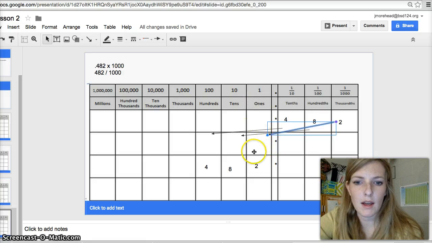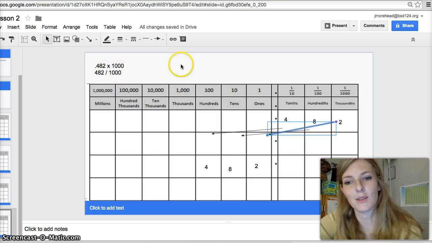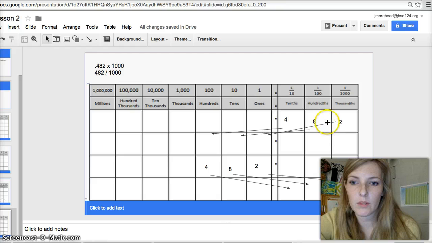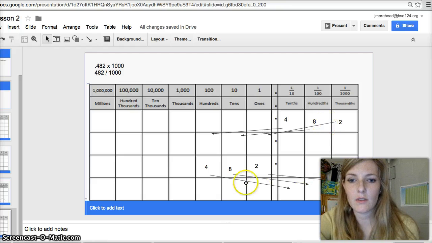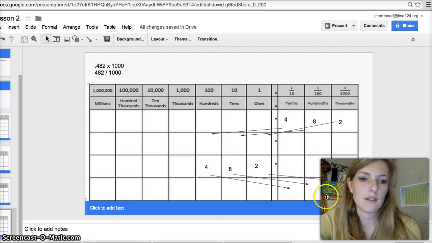Now you go ahead and pause and work out what 482 divided by 1,000 would be. Okay, if you notice, it ended up being what we started with, 482 thousandths when I divide, because I am just simply moving my decimal 3 places over. So here we go, 482 thousandths.